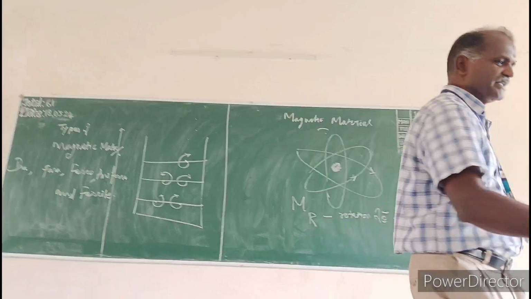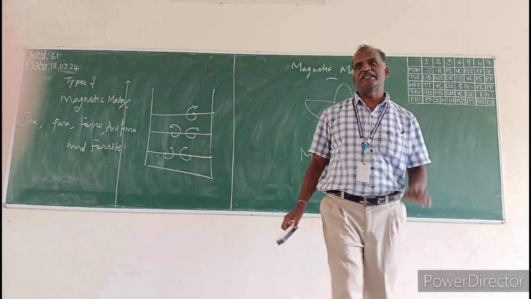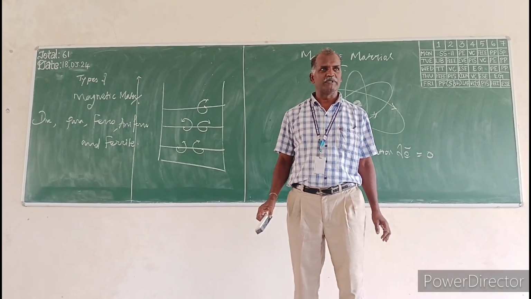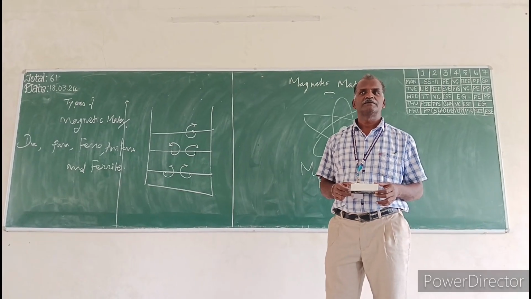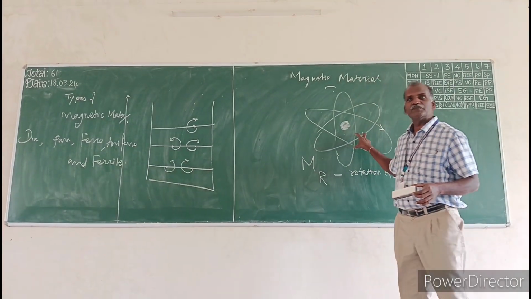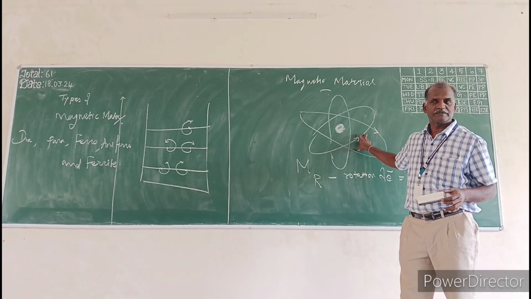In the diamagnetic material, there is no permanent magnetic moment. What does it mean? Magnetic moment means you are talking about the atomic magnet or tiny magnet.